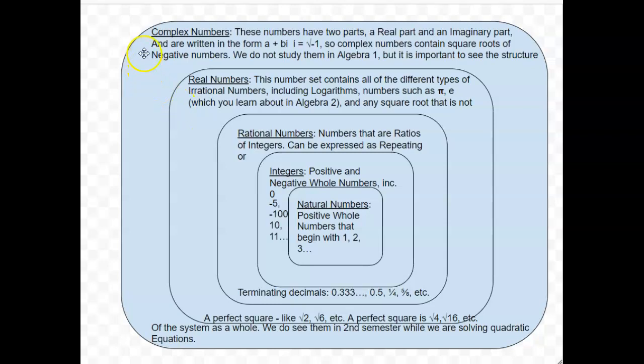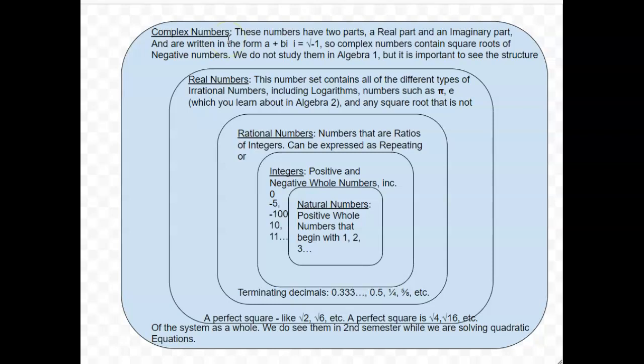Last but not least are the complex numbers. And you can see that all of the real numbers are actually part of the complex number system, all right? We don't learn about these numbers in Algebra 1, really. We touch on them in the context of solving some quadratic equations in the second semester. But basically, complex numbers are not on the real number line.